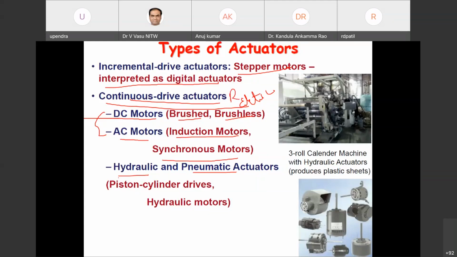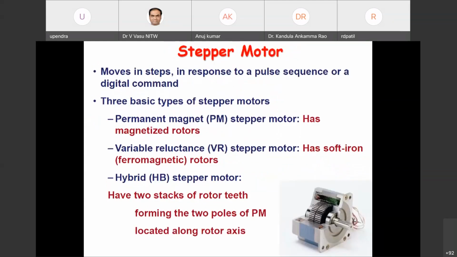If you want linear motion, then hydraulic and pneumatic actuators are mainly used to get the exact motion.